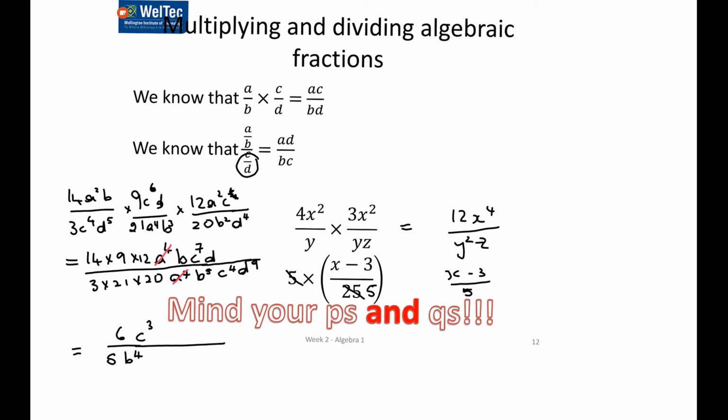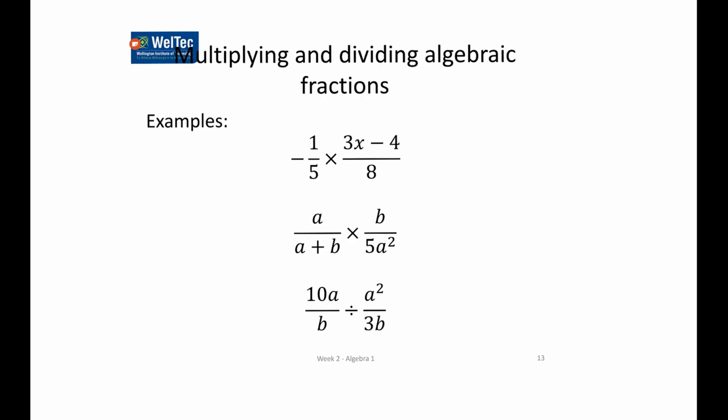And we've got D's, we've got 1 on the top and 9 on the bottom, so that would be 8. So just to remember, you do algebraic fractions just the same as you do with numerical fractions, except that you've got variables.